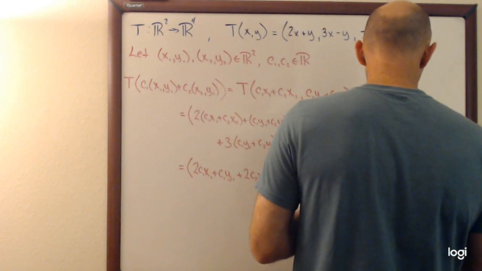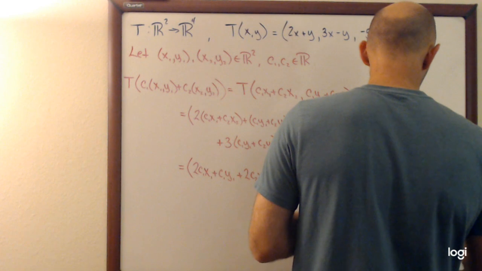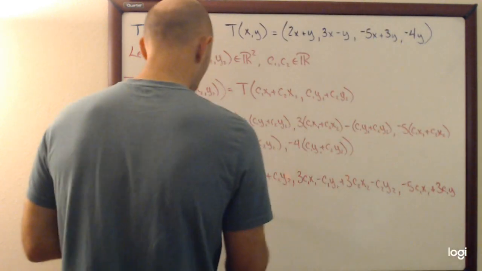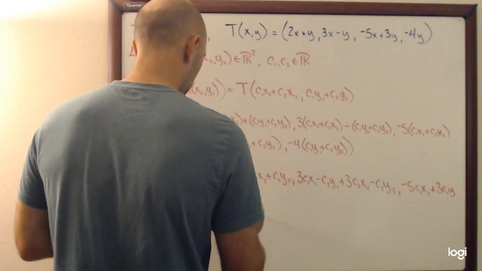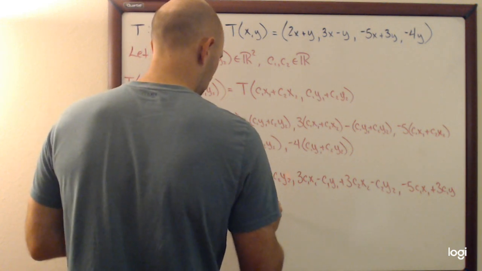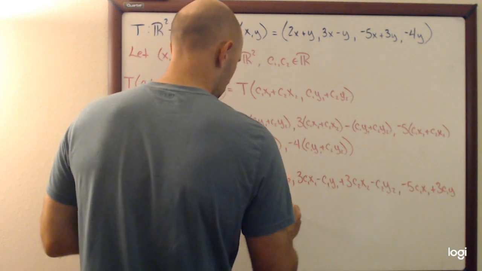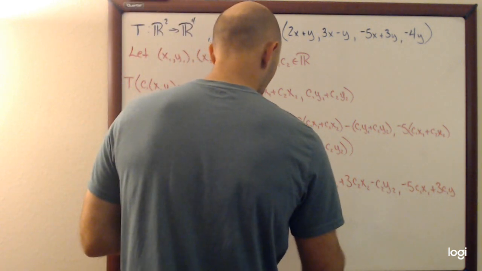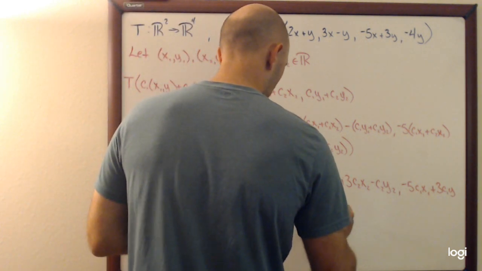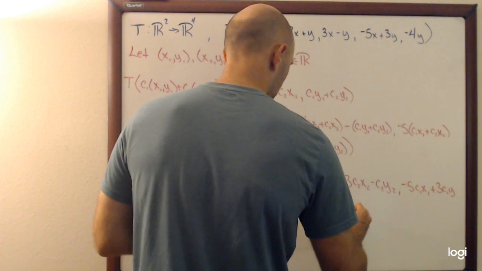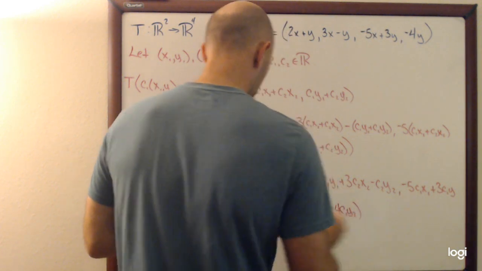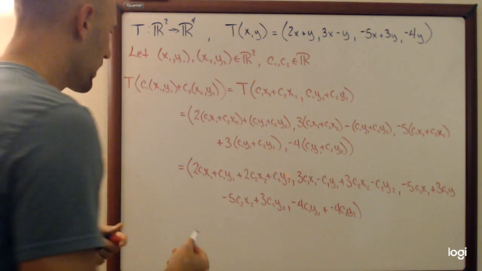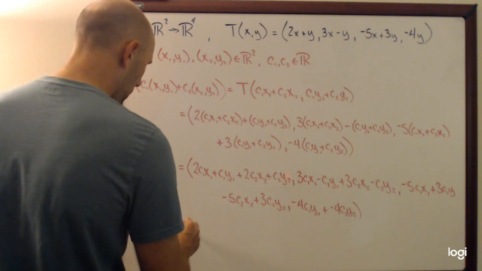Okay, I'll get negative 5 c1 x1 plus 3 c1 y1, and then of course negative 5 c2 x2 plus 3 c2 y2, and then the last one, negative 4 c1 y1 plus negative 4 c2 y2. Okay, and so now I can split these things, right? Yeah, now I can split them, and we're almost home free, right?